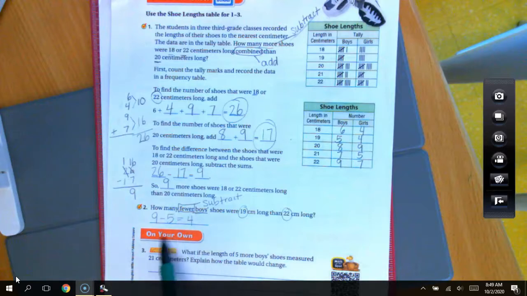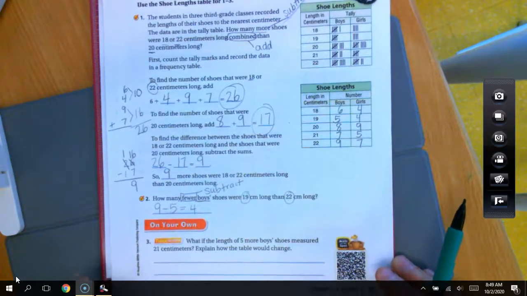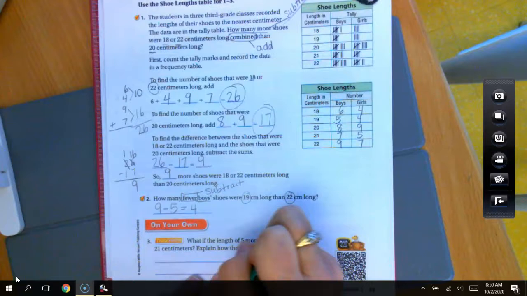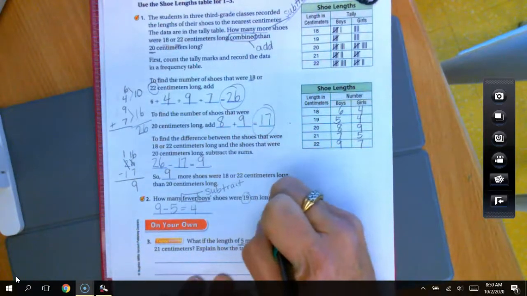Okay, let's look down here. I know it says on your own, but we're actually going to do it together. It says, what if the length of 5 more boys' shoes measured 21 centimeters? 5 more tells me I need to add.